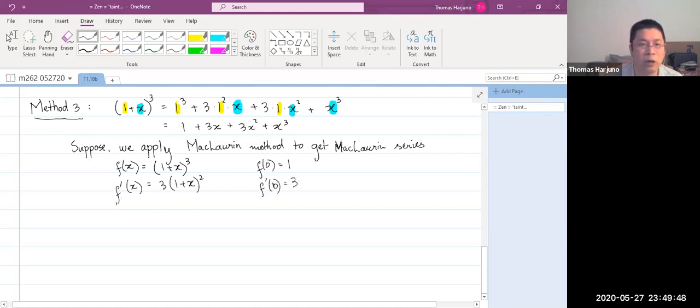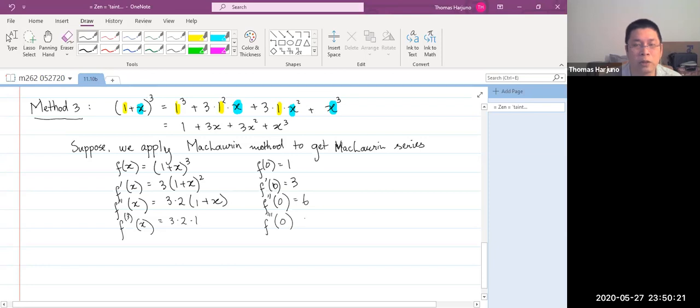If I do another derivative, I get 3 times 2 times (1 plus x), where f double prime of 0 is 6. And the third derivative of f(x) will be 3 times 2 times 1, and the third derivative of the function at 0 will still be 6.